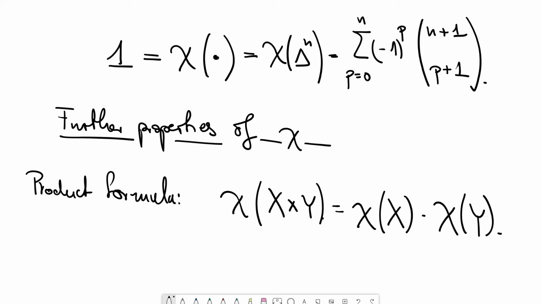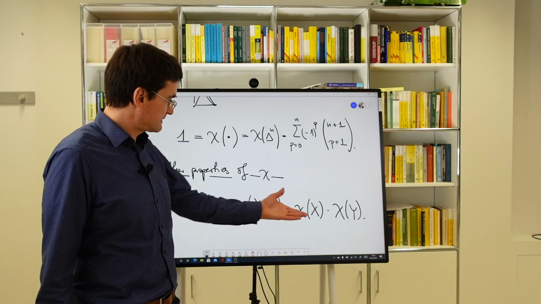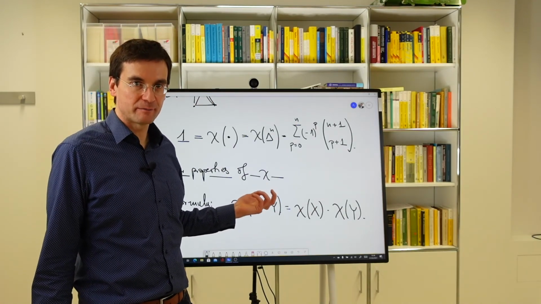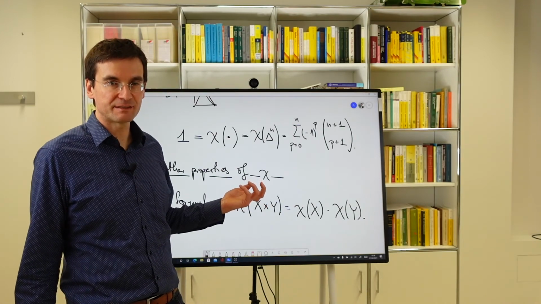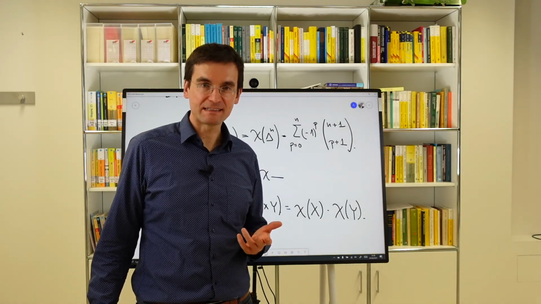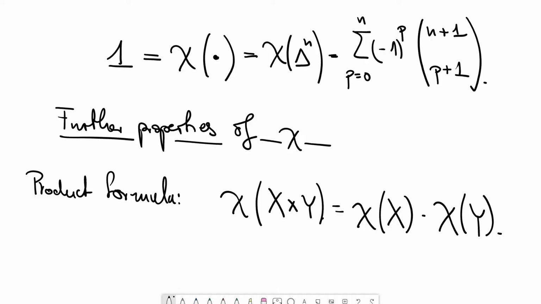And this can be seen by taking a suitable CW structure on the product. Then it's quite immediate. It can also be seen from the Euler-Poincaré formula when we think of the Euler characteristic as the alternating sum of the Betti numbers, but then it's a bit harder and probably will be discussed later in the course. Either way, I don't want to prove it now, but we have this formula.